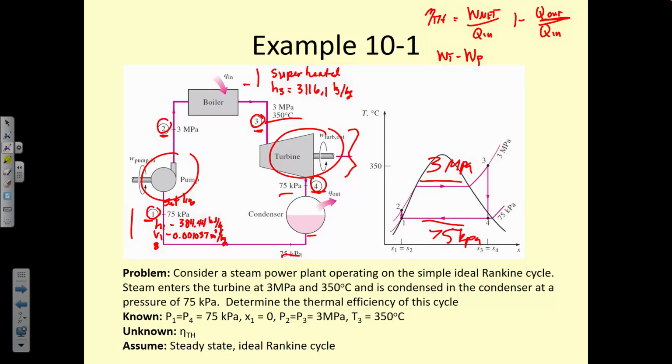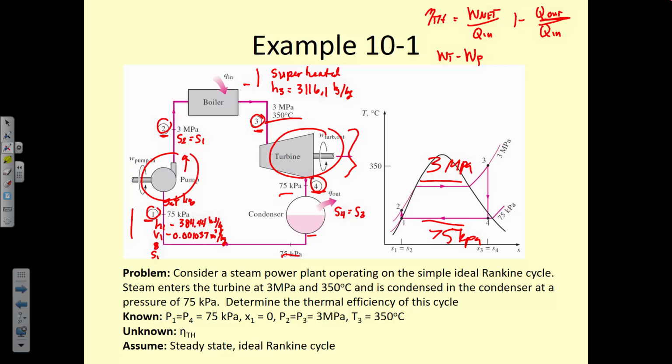In this problem, I looked up entropy values. I don't know why, because I didn't fully need them. Oh yeah, you do, you can use them. If we're making the isentropic approximation, then S2 is going to be equal to S1, and S4 is going to be equal to S3.